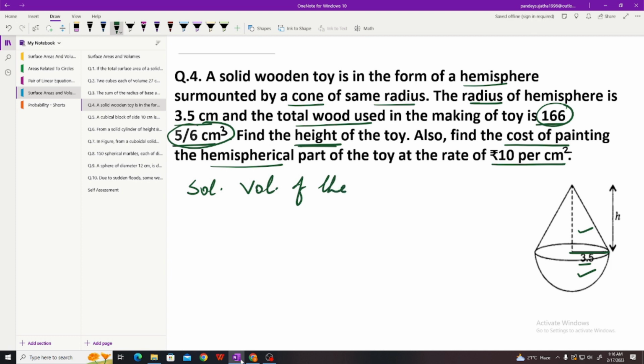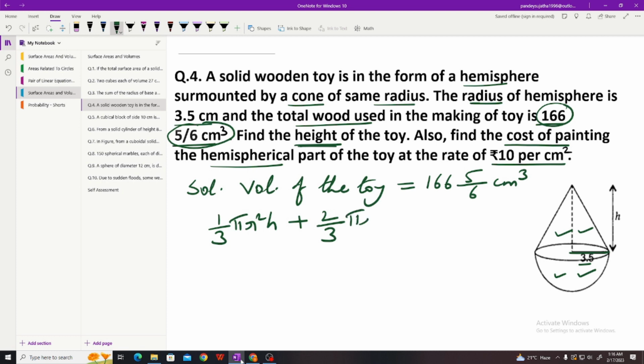Volume of the toy is given as 166 5/6 centimeter cube. Since the toy is made up of the cone and the hemisphere, the volume of cone is 1/3 pi r square h plus the volume of hemisphere is 2/3 pi r cube, which is equal to, so convert this mixed fraction to improper fraction.